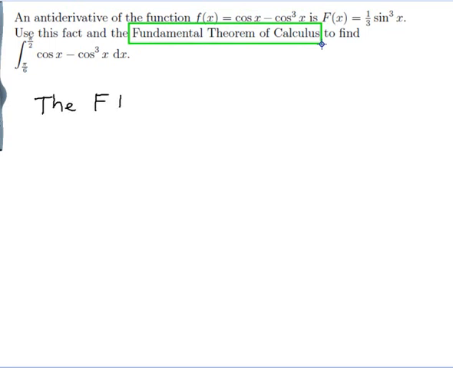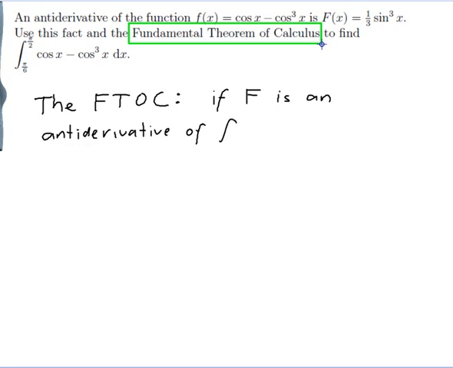The fundamental theorem of calculus says if capital F is an antiderivative of f, small f, then the integral from a to b of f of x dx is equal to capital F of b minus capital F of a.